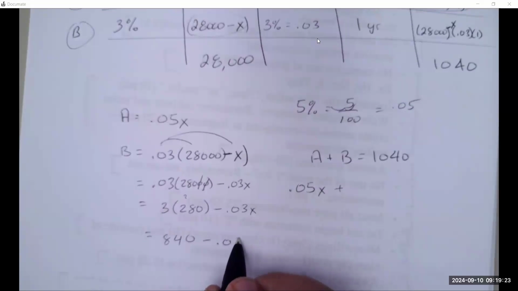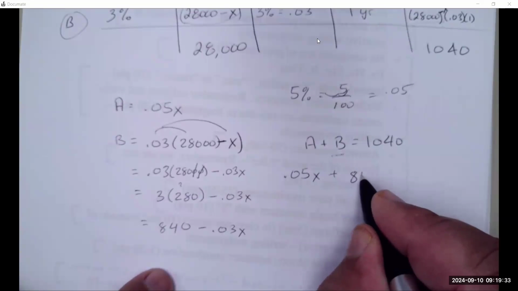So that's 3 times 280. That's 3 times 0, 0, 7, 8. So that's what B is. B is 840 minus 0.03 X is equal to 1040.